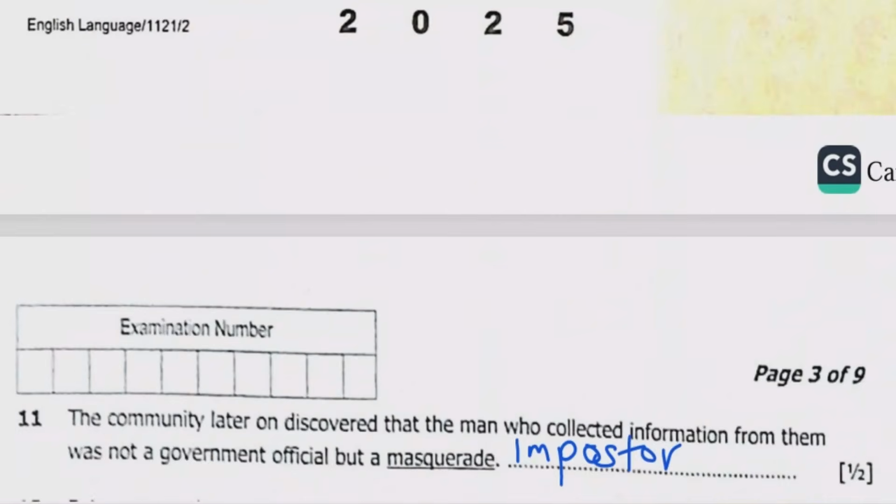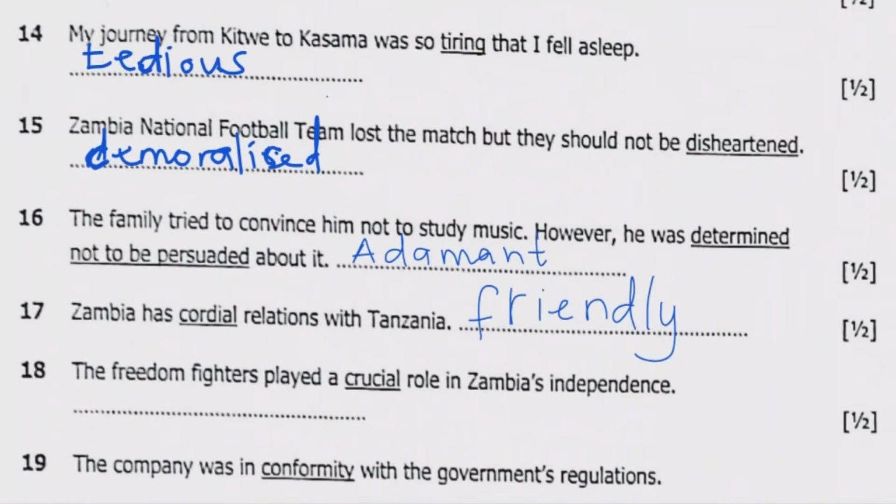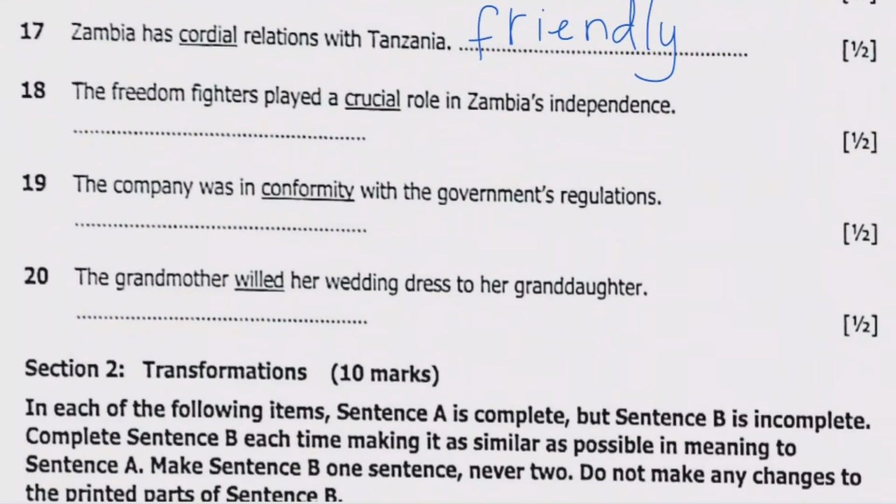So crucial means pivotal. We can write that word, pivotal. The freedom fighters played a pivotal role in Zambia's independence. Again, the sentence is correct and it hasn't changed in meaning.